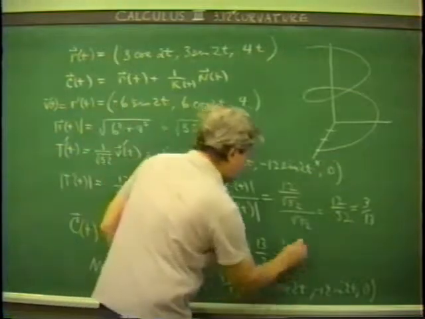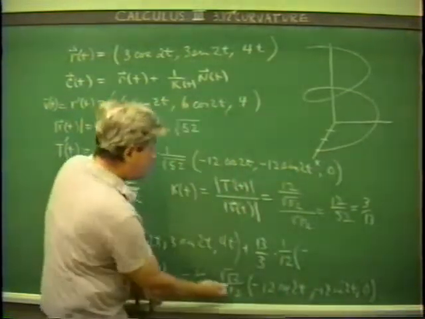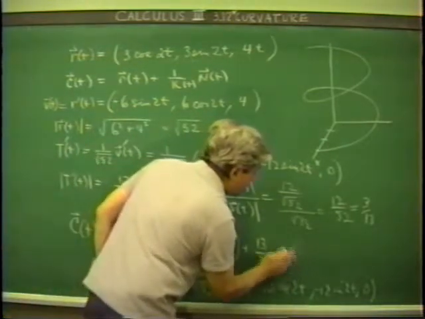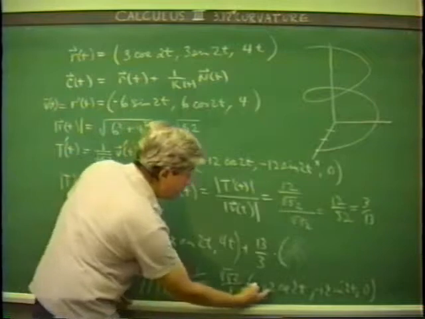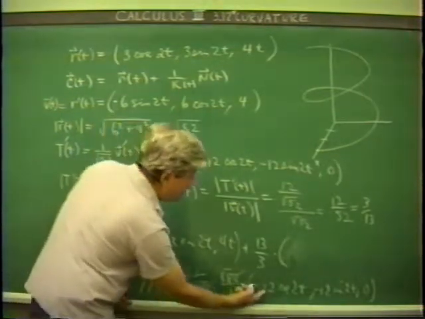So we're going to get here 13/3 times 1/12, times minus, well, the 12 here is going to make this cosine 2t.